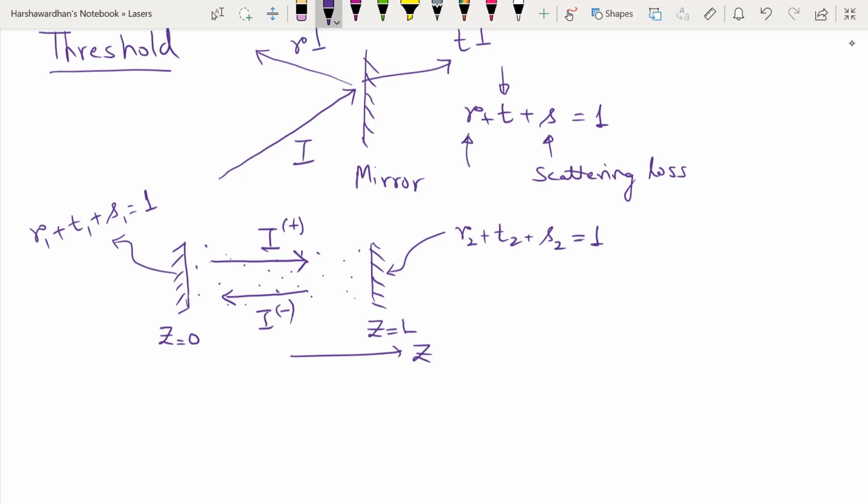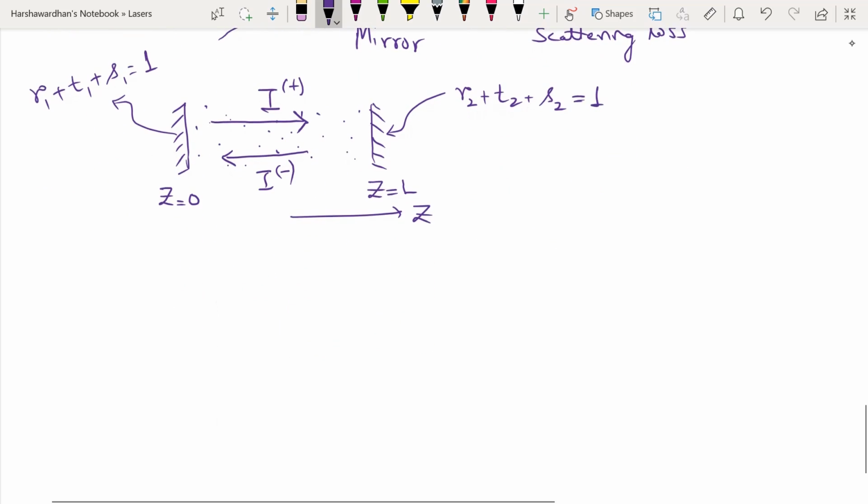So this is essentially my model system, and now let us look at what happens at these two boundaries. So for example, let's look at z equal to 0.